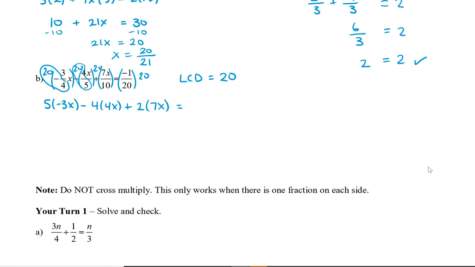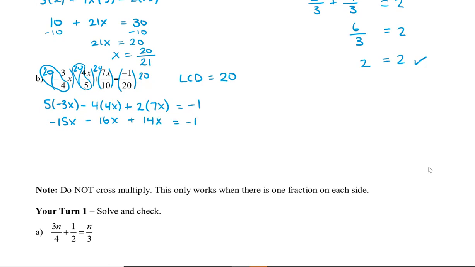And that equals 20 divided by 20, that's 1. So we just have the negative 1 on our right side. So this gives us negative 15x minus 16x plus 14x equals negative 1.